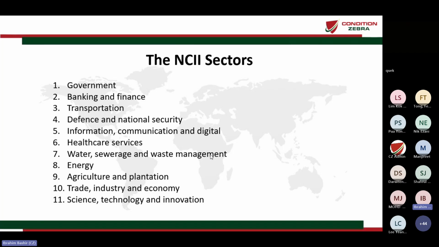Then, of course, defense and national security. So any organization that participates in the defense of the country, or the Ministry of Defense, or if you are a service provider to the defense sector, then you are also considered as NCII. IT and communication. This is also very easy to understand. Information technology, telecommunication, communication, or digital organizations are all NCII.